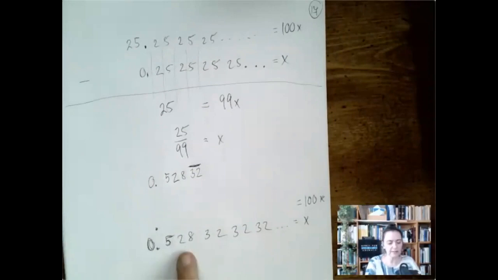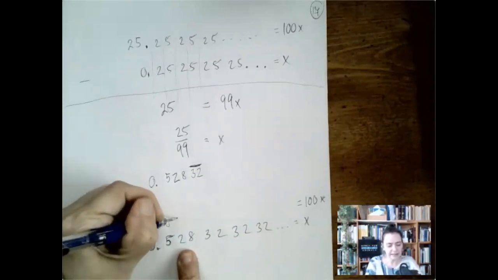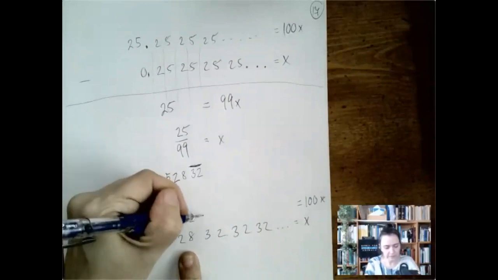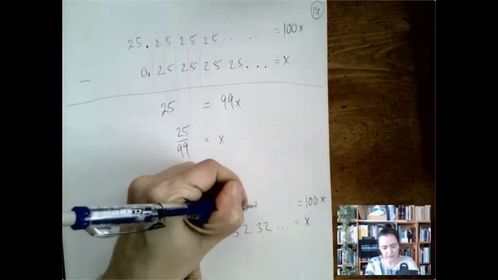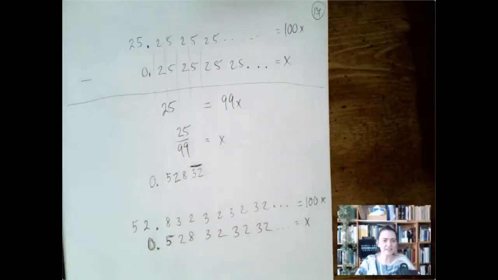So when we multiply by 100, we get 52.83232323232... And it doesn't matter what's at the end. I found that mysterious or magical, and then I realized, just look at it from the point of view of a single decimal. 2 over 10,000 has to be promoted.